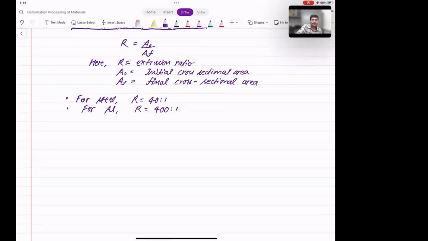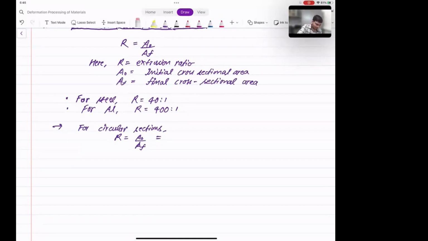For circular sections, R is nothing but initial area by final area. And we know that the area of a circular section is given as pi d square over 4.